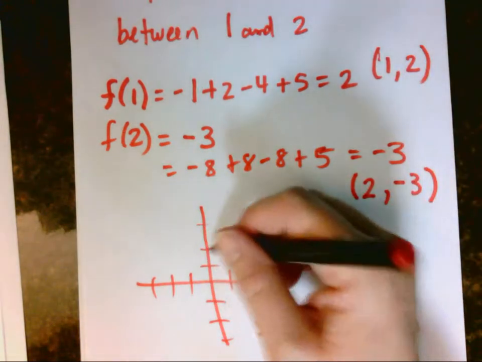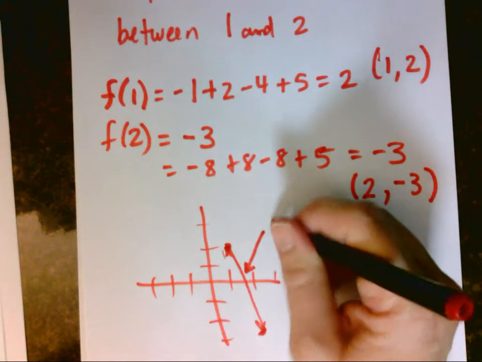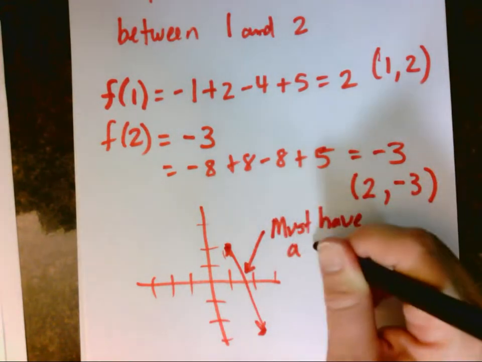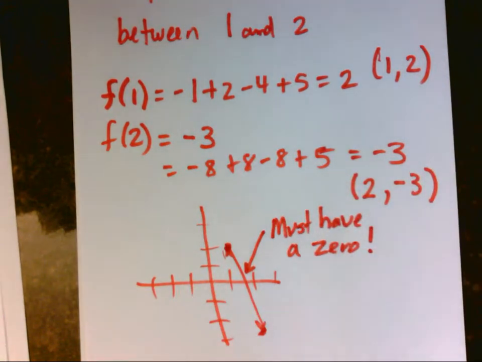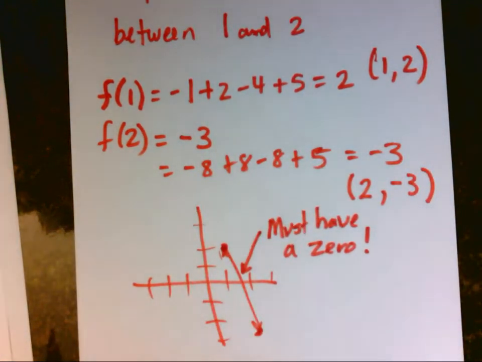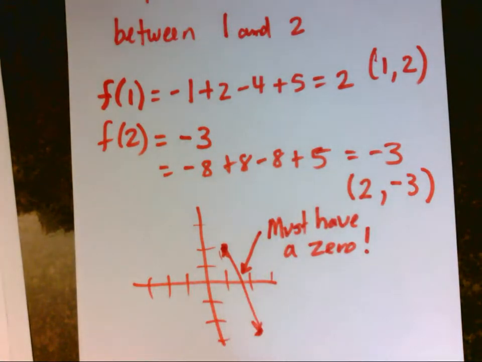Well, I guess it's curving. We don't care really about the shape. The point is it must have a zero by the intermediate value theorem. Since 0 is intermediate between positive and negative, it has a 0 between x equals 1 and x equals 2. All right, that's all we had to do there.